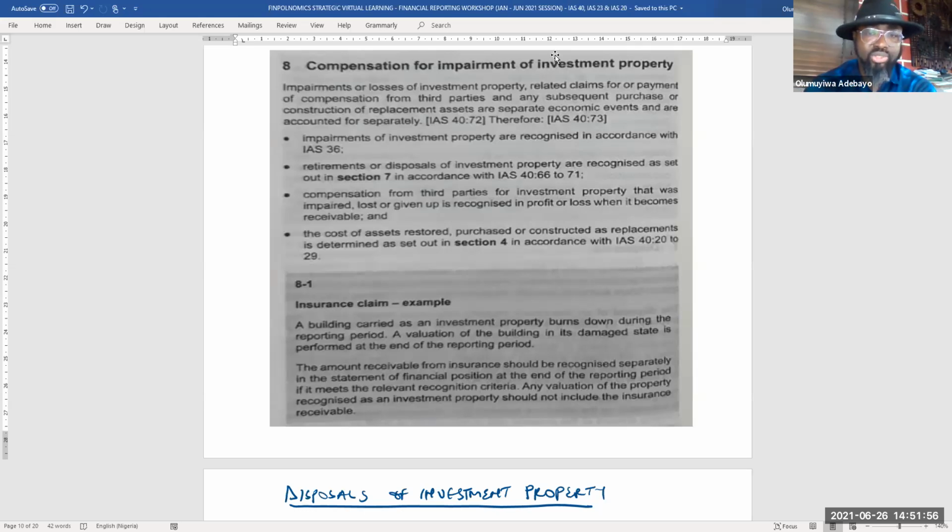And once it has been disposed of, it could result in a gain or loss that will have to be reported in your profit or loss for that period.